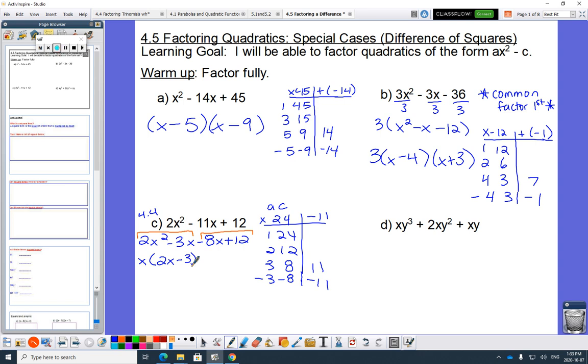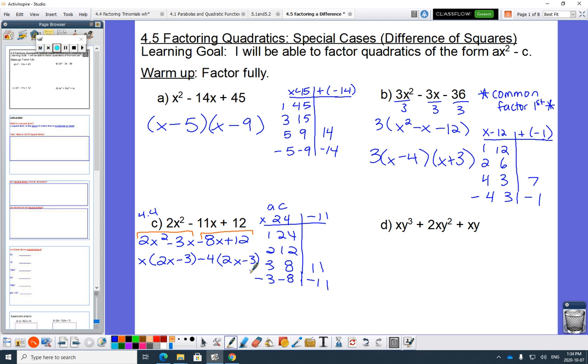Take out the x. That's the only common thing, variable or number, here. Over here, now we know we want 2x minus 3, so that can help guide you. 8 and 12, 4 is a factor, you could take that out. We'll take out negative 4, gets us positive 2x and minus 3.